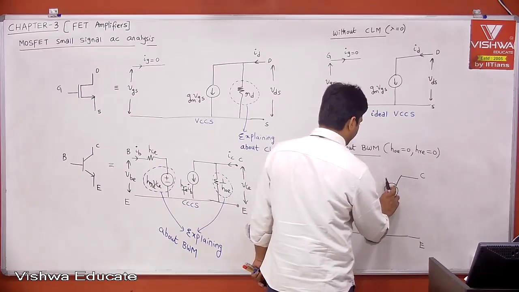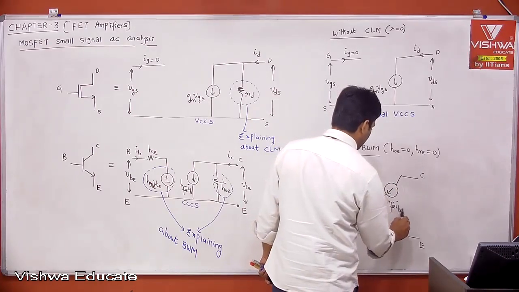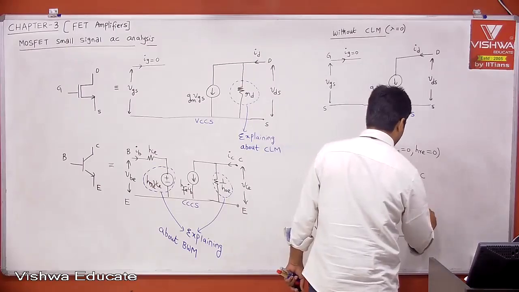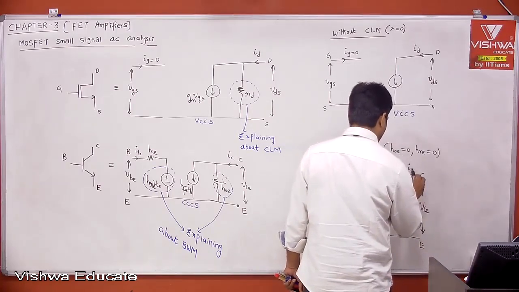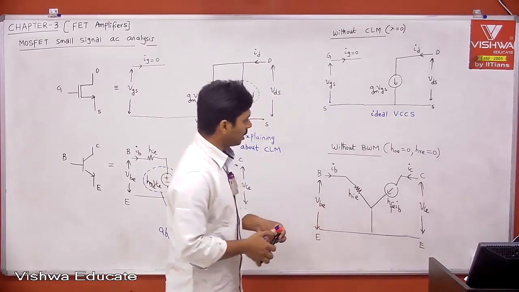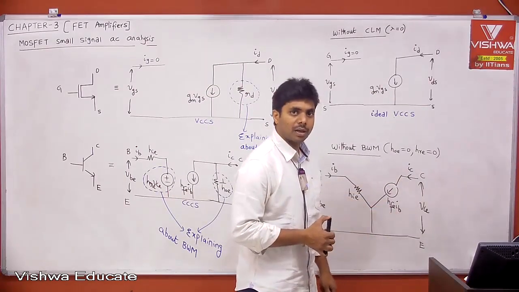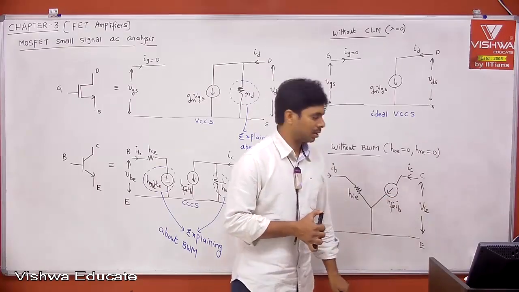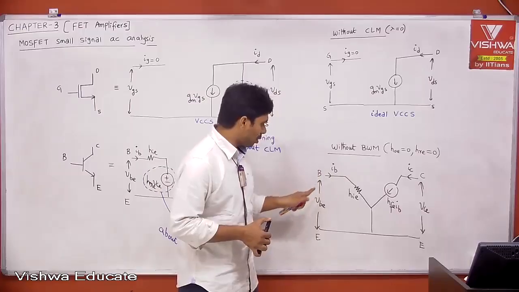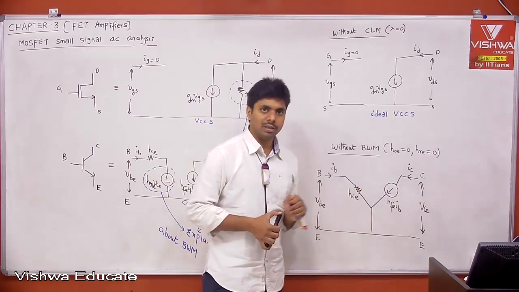This is HFE into IB, and now this is VCE and this is IC. Therefore, if you observe clearly, IC is only a function of IB, right? It is independent of VCE. And your IB is only a function of VBE. IB is independent of VCE, right?